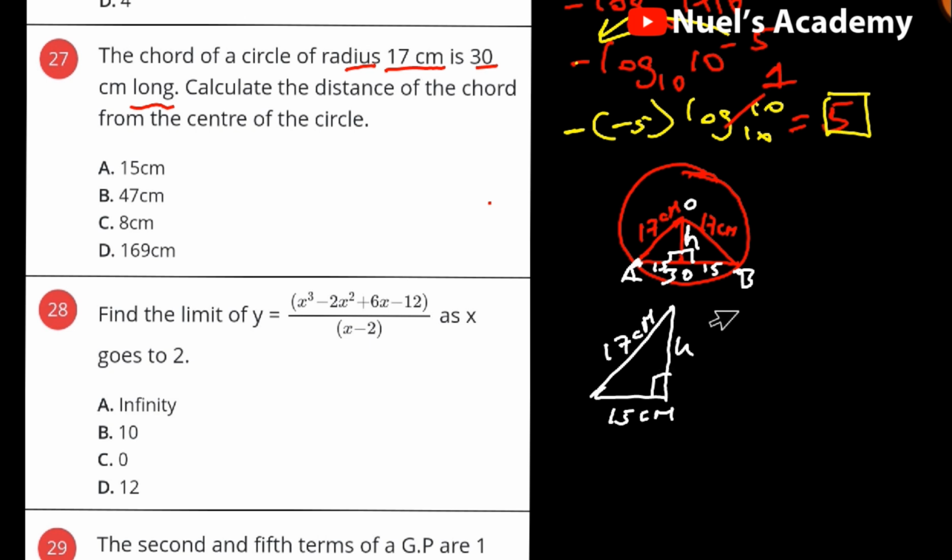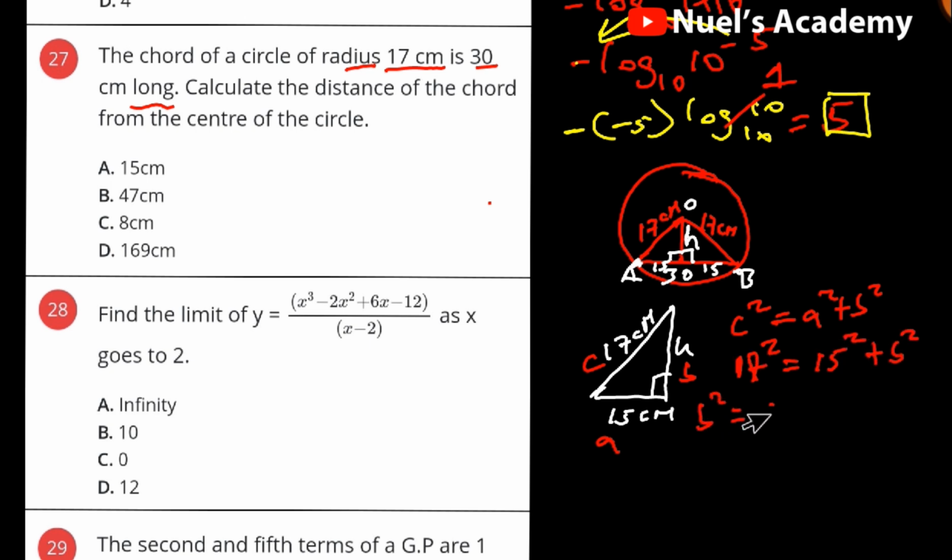So by Pythagoras theorem, we have a, b, c. We have that c squared is equal to a squared plus b squared. So c here is 17. We have 17 squared is equal to a, which is 15 squared, plus b squared. So b squared is equal to 17 squared minus 15 squared.